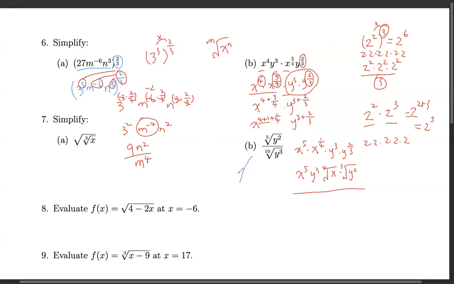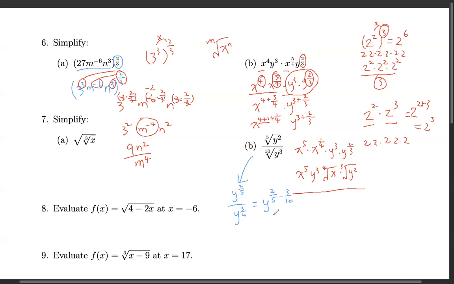Okay, now let's do B here. So B, we can write the numerator as y raised by 2/5, denominator y raised by 3/10. Same base division is subtract exponents, minus 3/10.